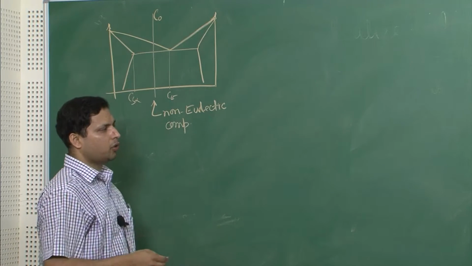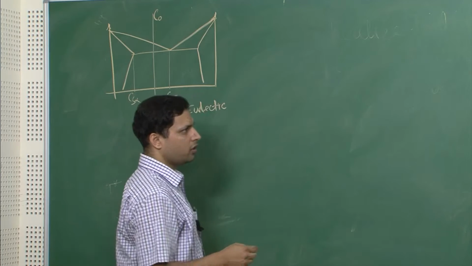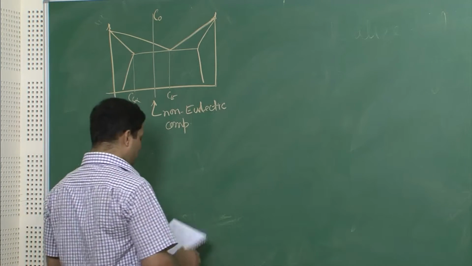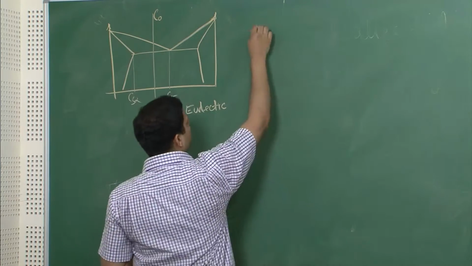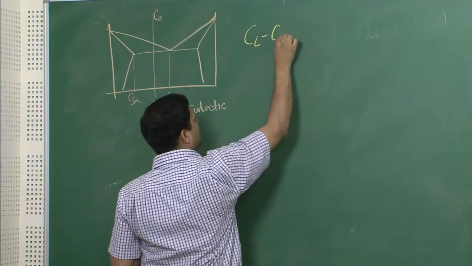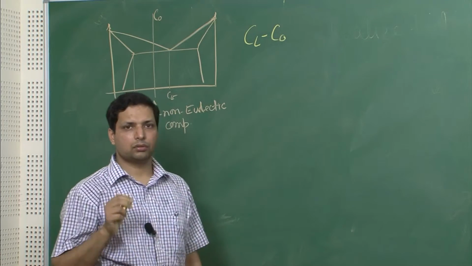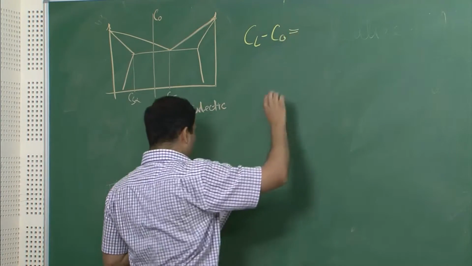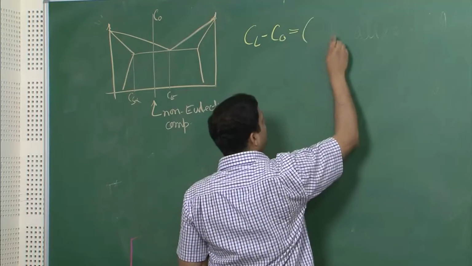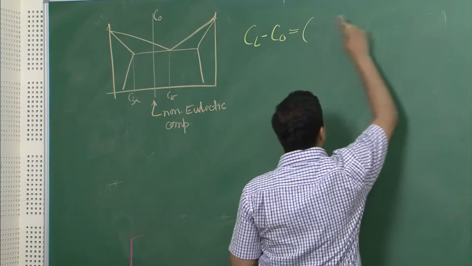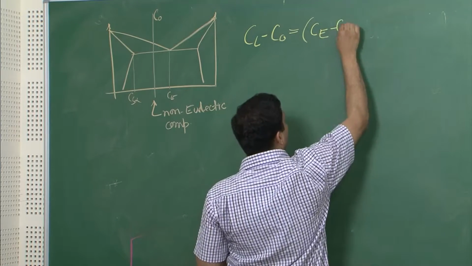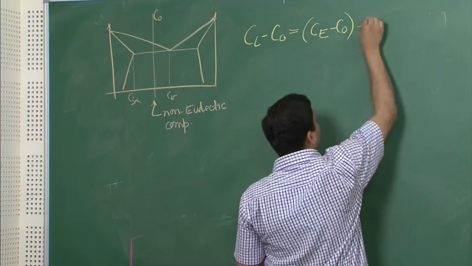And again, I am not deriving it over here, the derivations are a little more involved, but we will write down how the relation looks. So C naught is the concentration of the overall alloy, Cl is the concentration of the liquid, and this will now have two different components, as you will see.